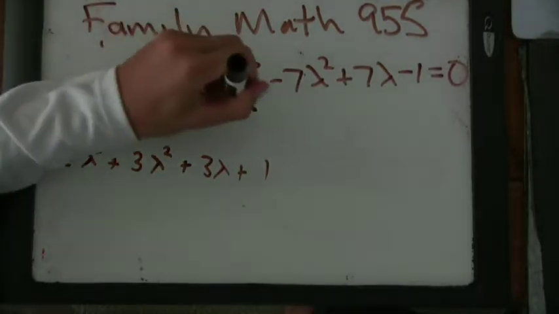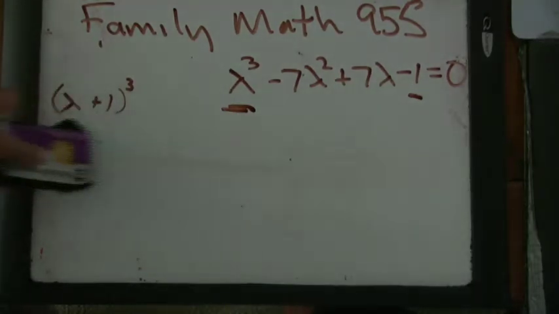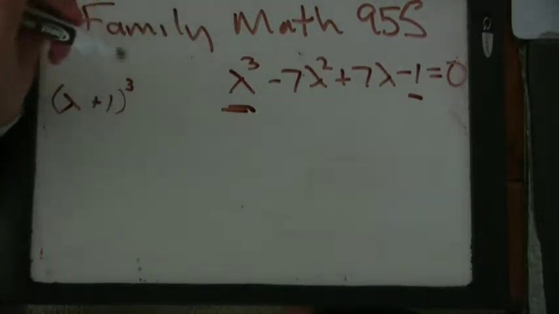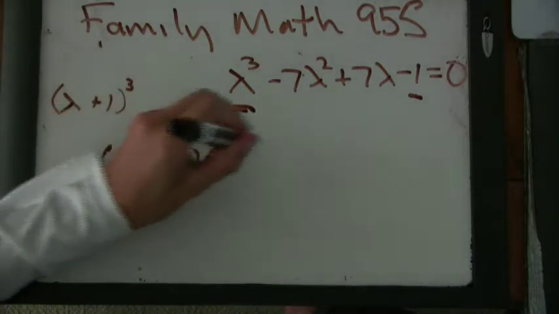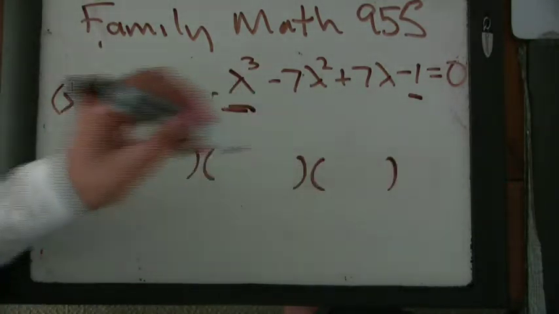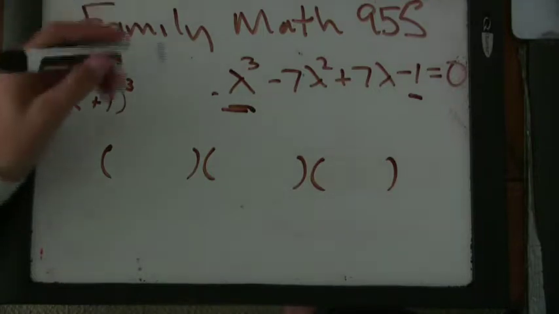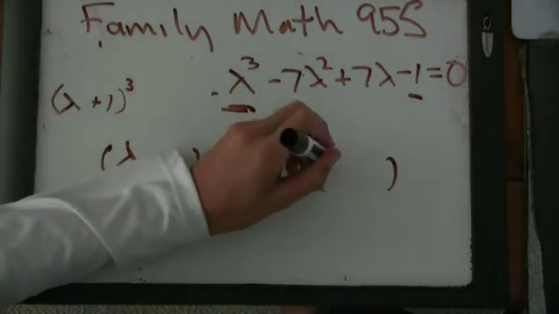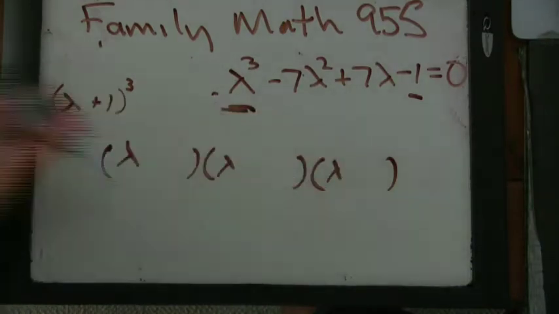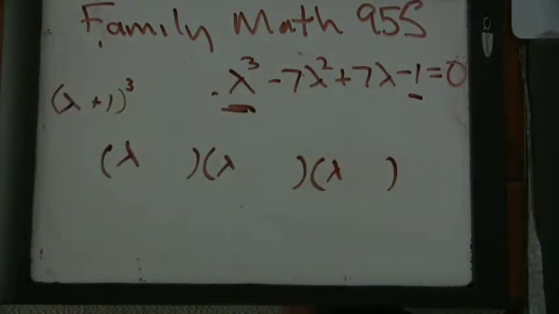Well, we can look here and here, and I guess we need to have a 1 in front of all the lambdas. And we need to have 1s in the back. So we need to have just singular lambdas, and then plus or minus 1 to maybe have this work.